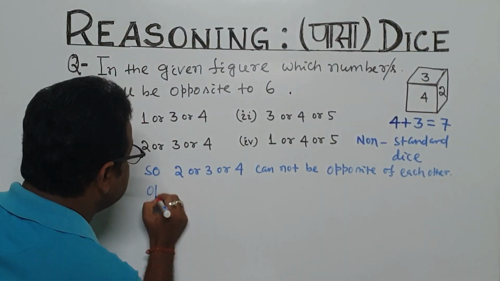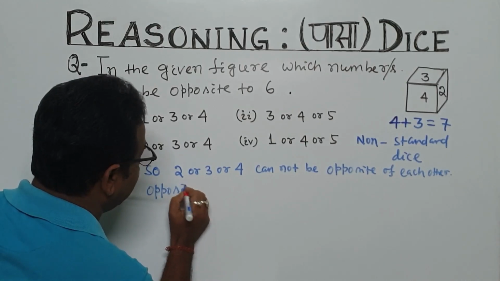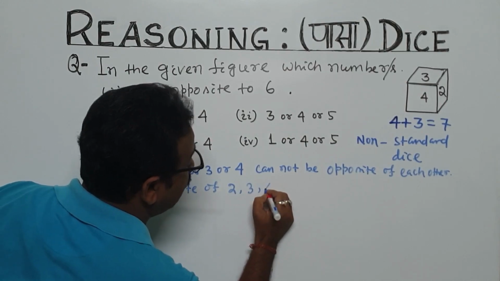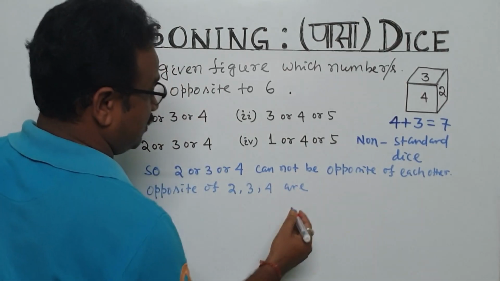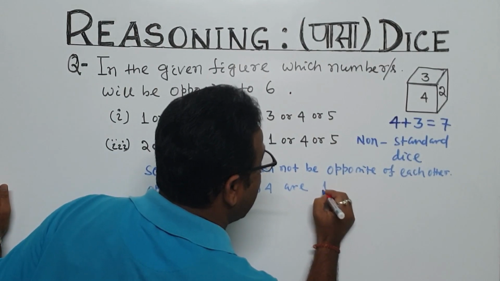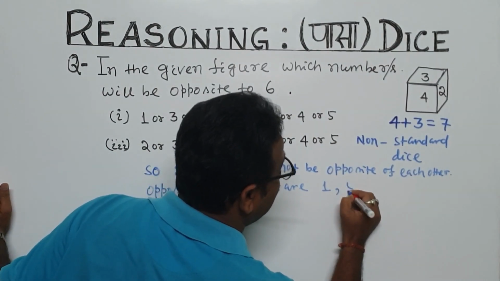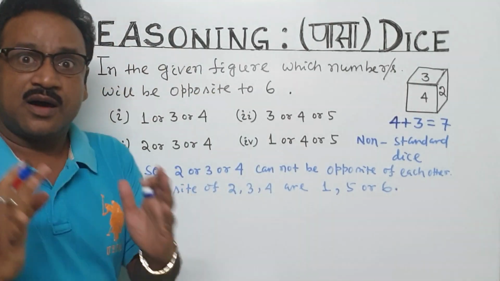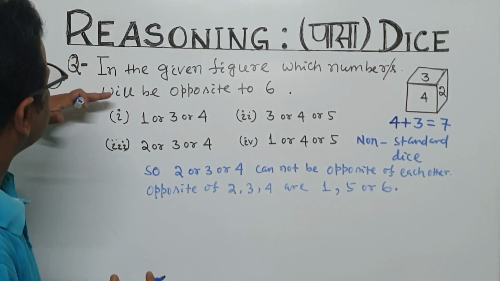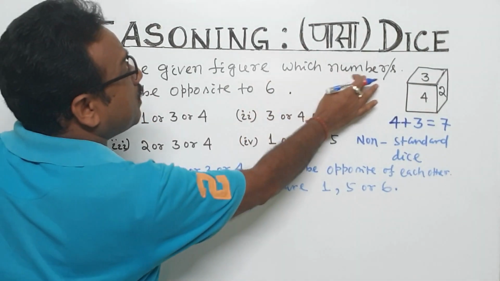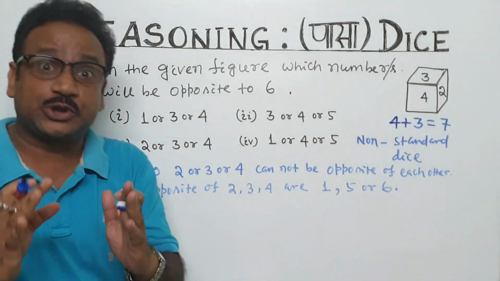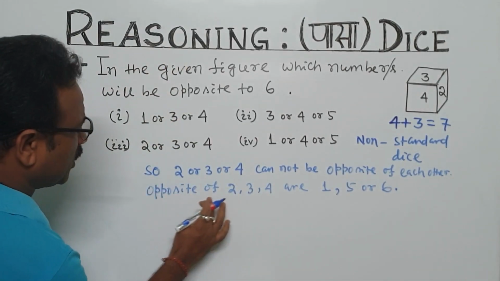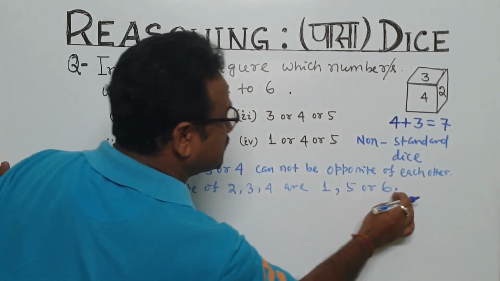The remaining numbers are 1, 5 or 6. But our question asks which number or numbers will be opposite to 6. The opposites of 2, 3, 4 are 1, 5, 6.